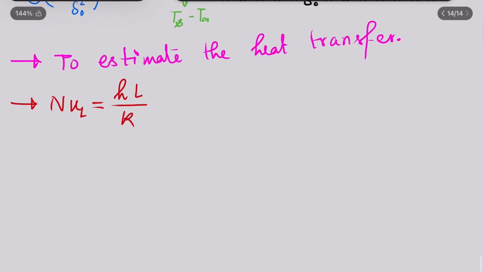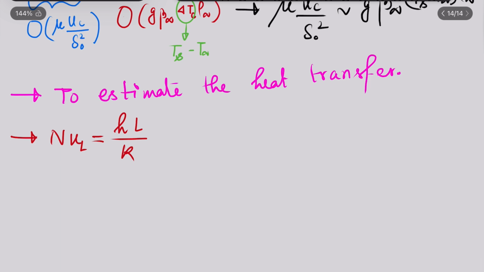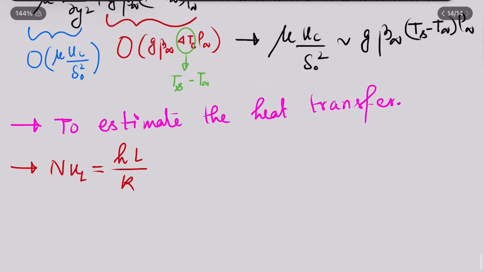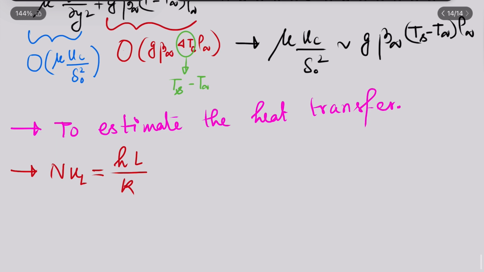So now that means if I have to find the heat transfer, I need to find the h. If I have to find the h, I have to find the Nusselt number. Then my goal is to express Nusselt number in terms of these parameters, parameters of the fluid and the solid plate. Clear? So let us see how we can do that.